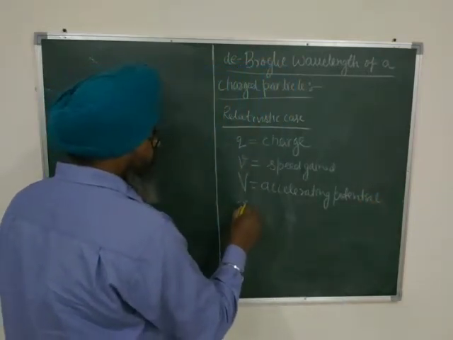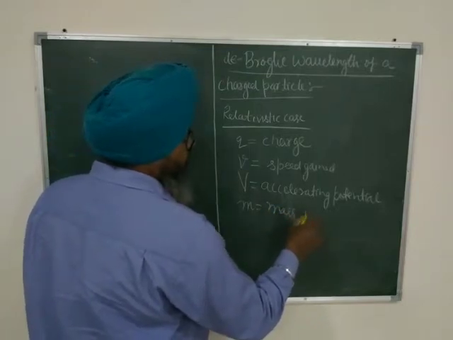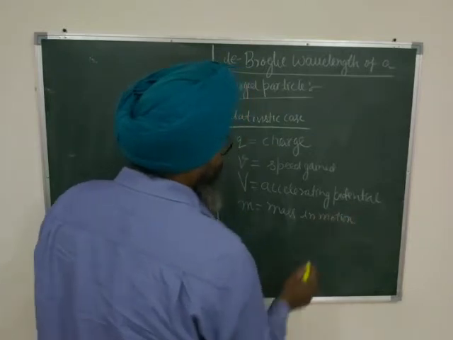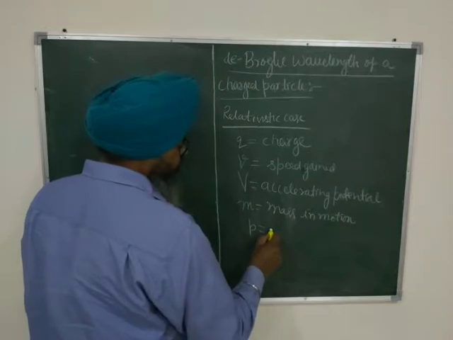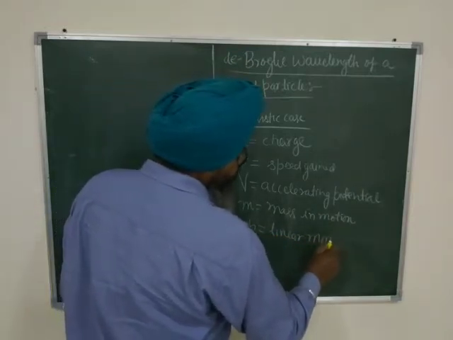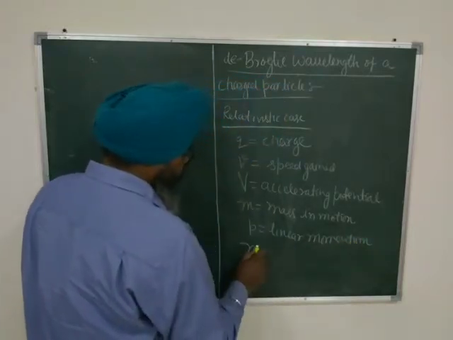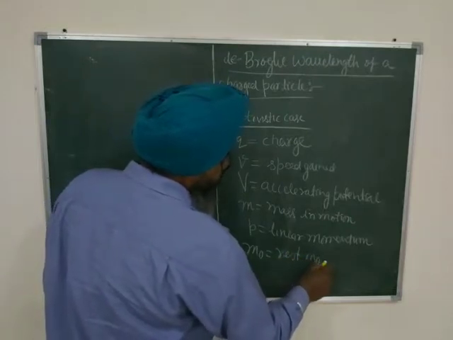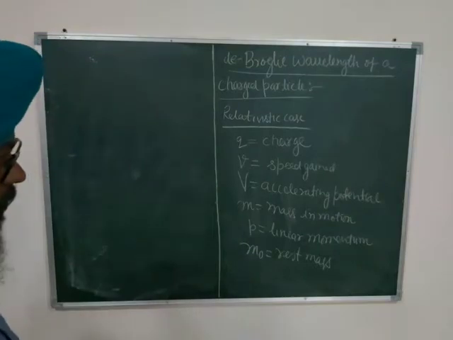Let us say m is the mass of the object in motion and p is its linear momentum. m0 is the rest mass of the object.